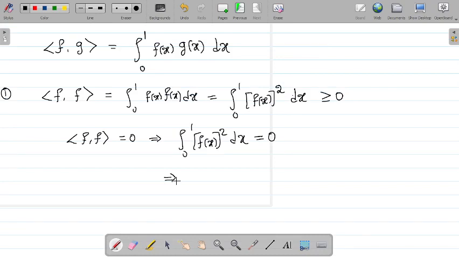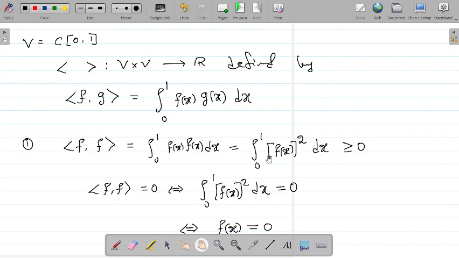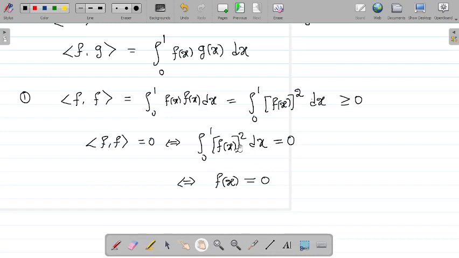Now when you integrate it, if the result is 0, it implies the function must be 0. So this is 0 if and only if f of x is identically 0. There is no other way. Therefore you can see that the first condition of our inner product is satisfied. I did not mention what that function is. That function can be anything. Whatever you take, integral 0 to 1 of that function square will become 0 only when that function is 0.